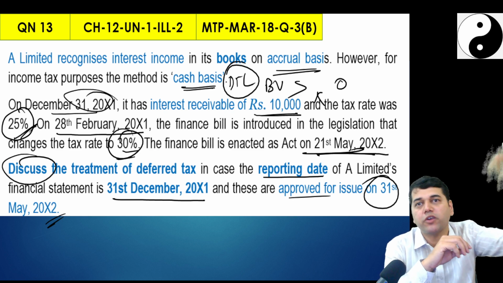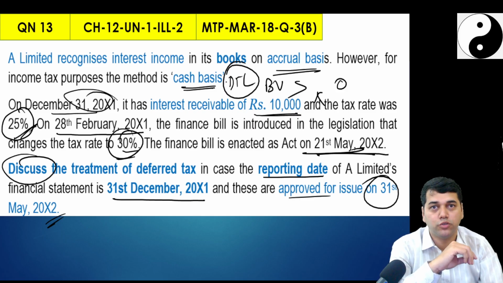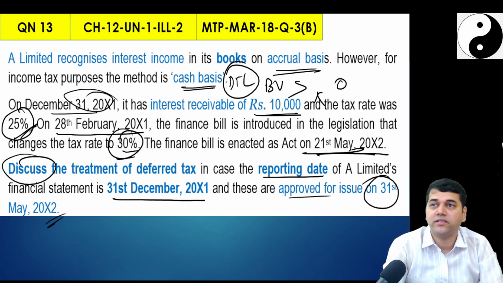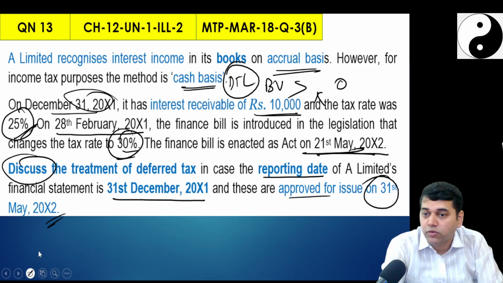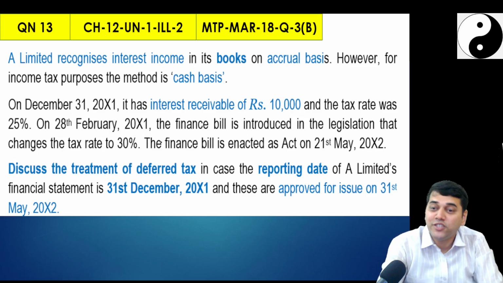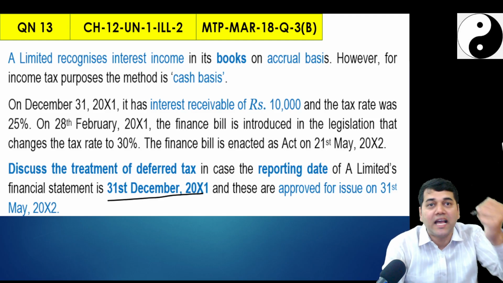Obviously, when I'm talking about a reversal, I have to consider future tax rates, not this year's tax rate. But in this problem, the standard says the tax rate should be as on the reporting date. It should have been substantially enacted as on the reporting date.